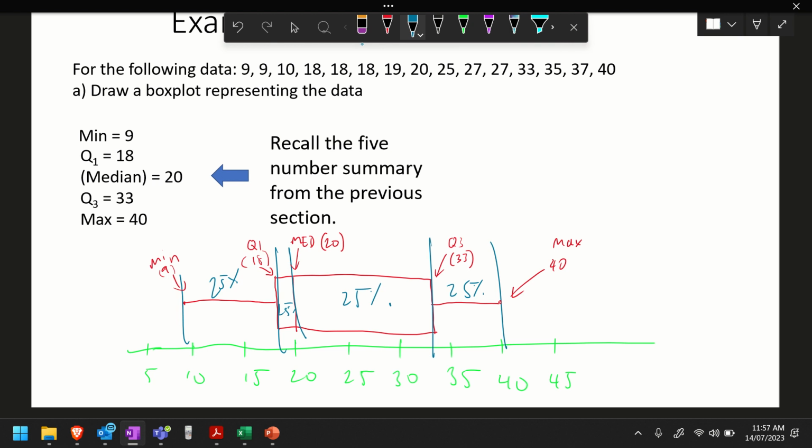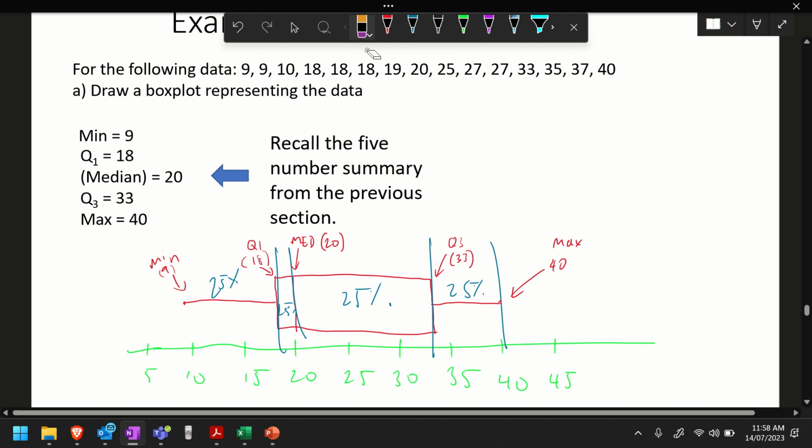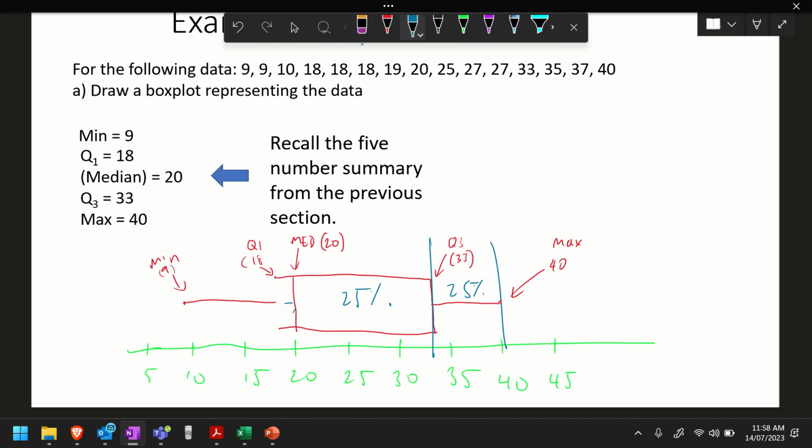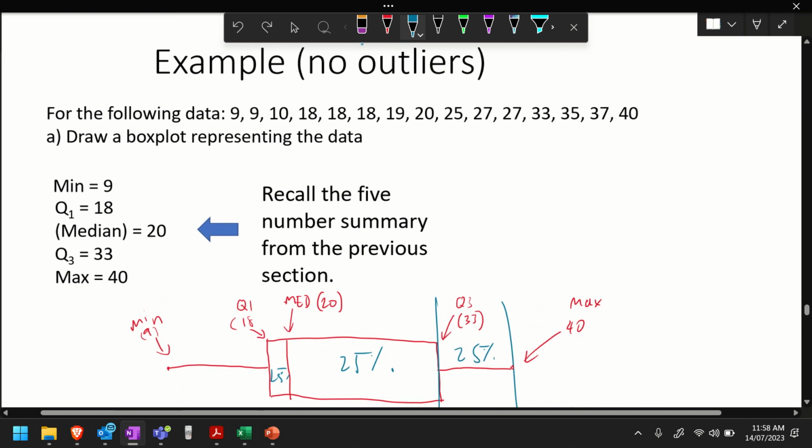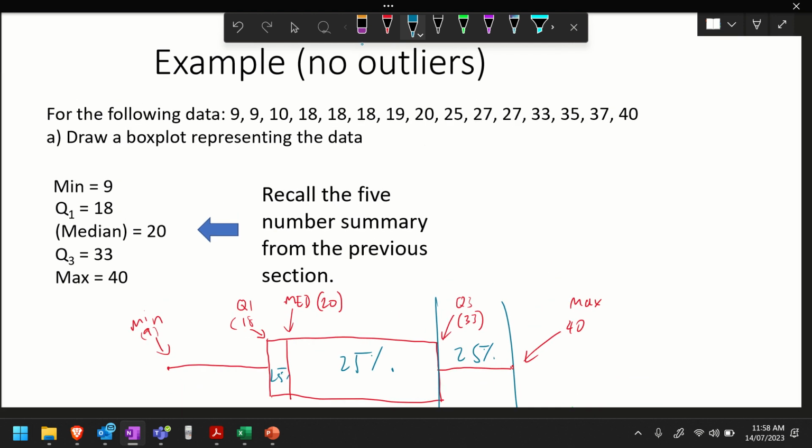If I was to ask, Van, what percentage of my data is 33 or less? If we're at 33, what percentage is below that? 75. Okay? That's how you read your box plots when it comes to these numbers. And if I translate this back to our numbers, I can use the number line on the numbers here to make sense of it.